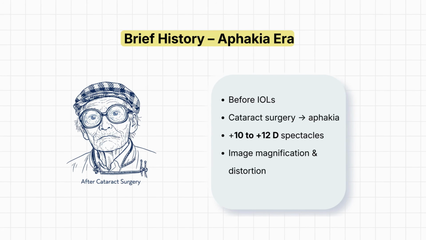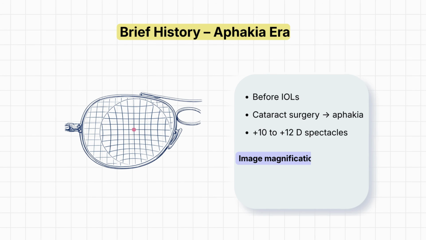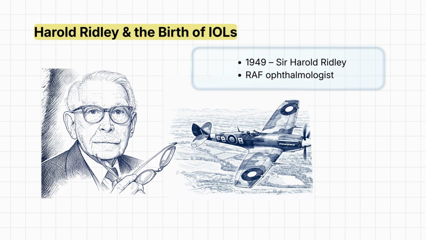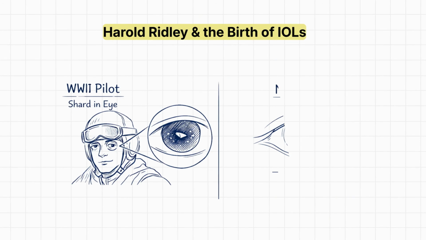Before intraocular lenses, cataract surgery meant aphakia. Patients wore plus 10 to plus 12 diopter spectacles, heavy, distorting, and functionally disabling. The turning point came during World War II. Sir Harold Ridley, an ophthalmologist in the Royal Air Force, noticed something remarkable.